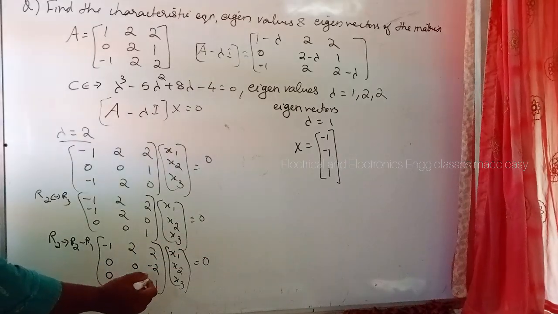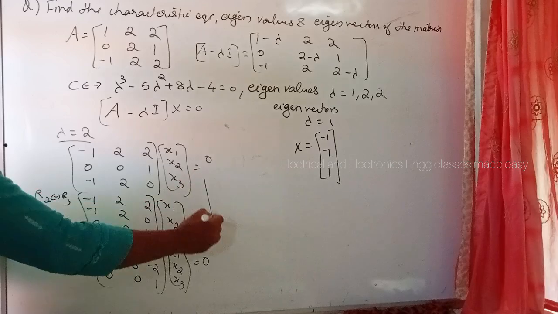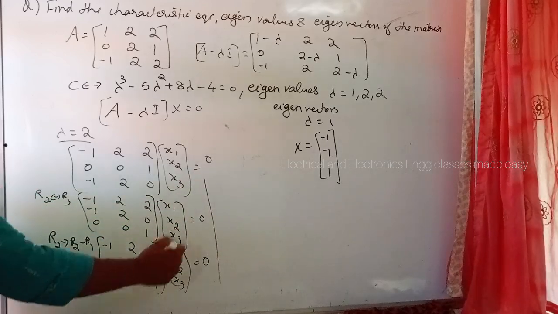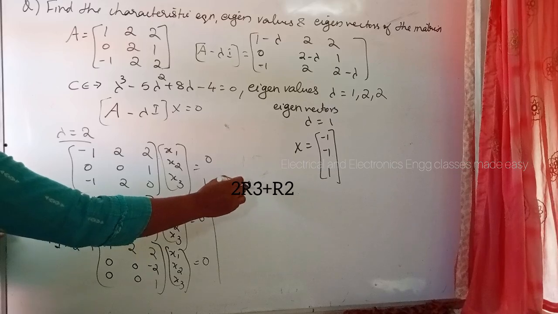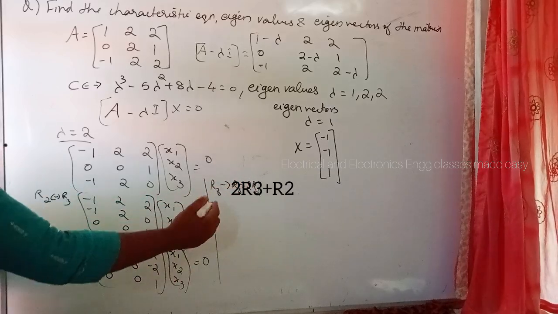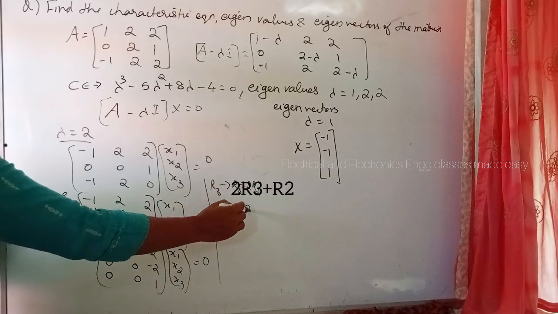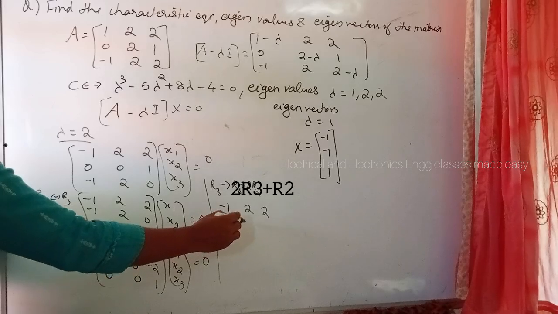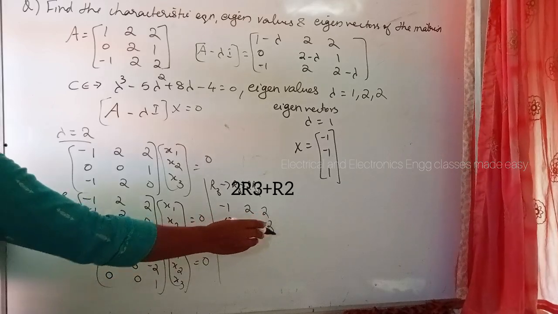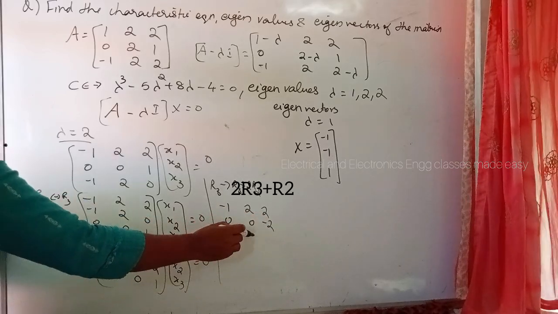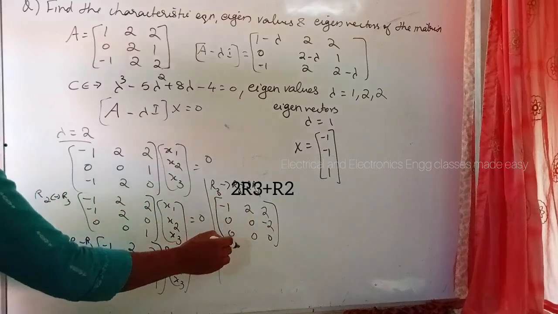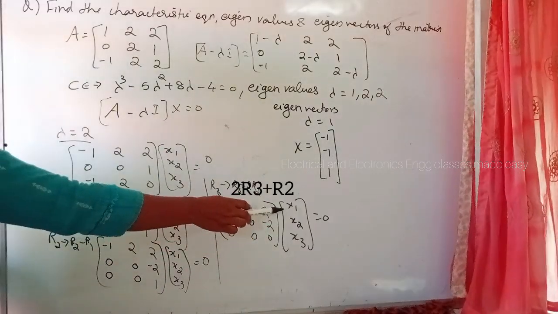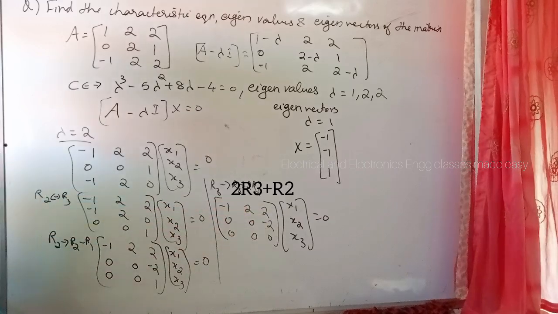Now this element we can make 0. That is R3 implies 2R3 plus R2. So minus 1, 2, 2, 0, 0, minus 2, then here 0, 0, 0 into x1, x2, x3 equal to 0.